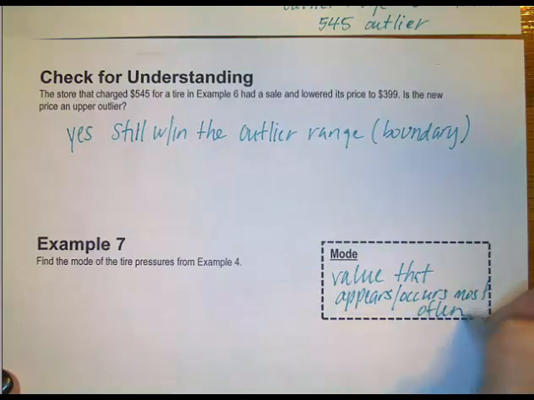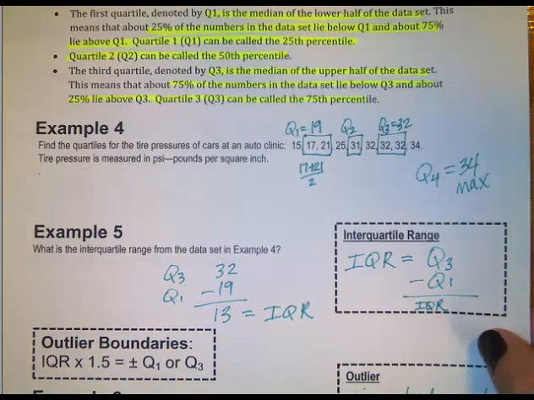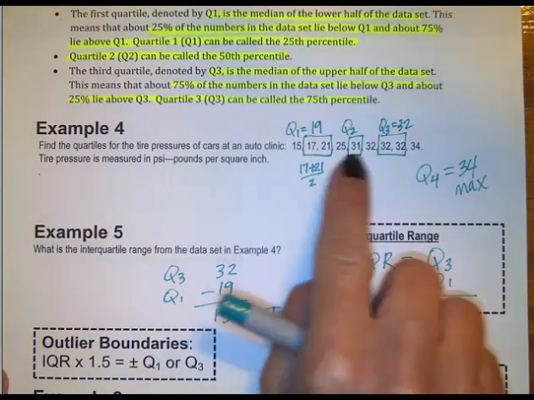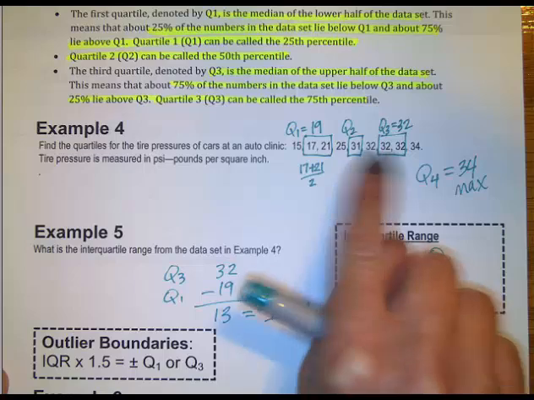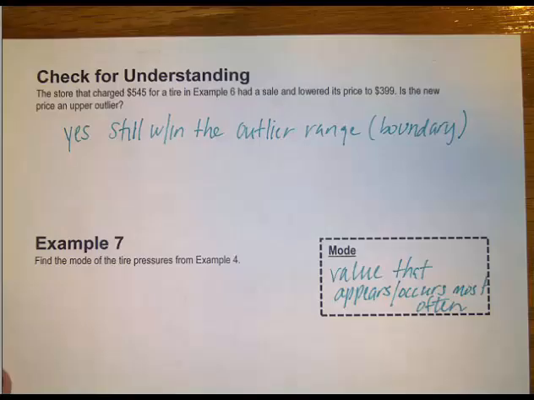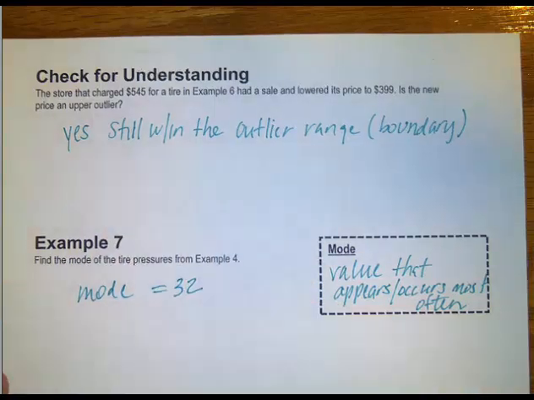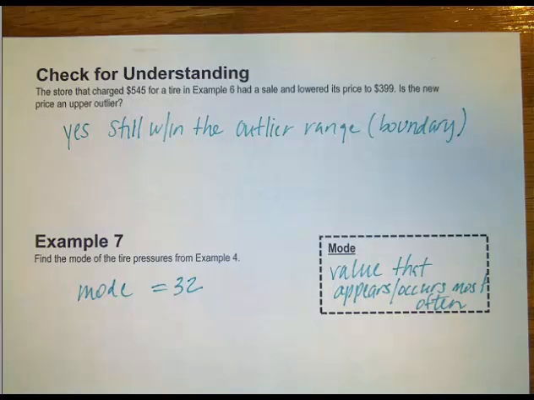So when I look at example 4, so here's example 4, which value occurs most often? And I hope you can see that it's 32. So the mode is 32. Make sure you know your statistics and how to use your calculator. Good luck!